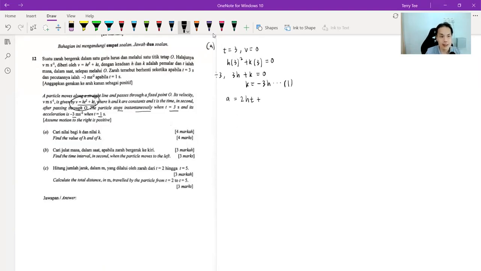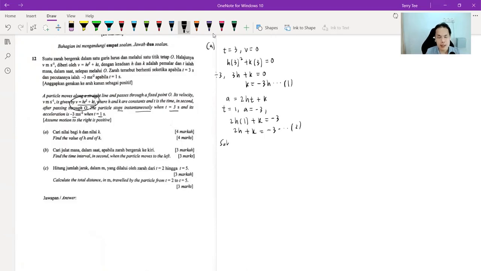When you differentiate kt, you're left with k. So this is your acceleration, and we know your acceleration is -3 when t is 1. So let's sub in: 2h times 1 plus k equals -3. We'll just write 2h plus k equals -3. This will be your equation number 2.